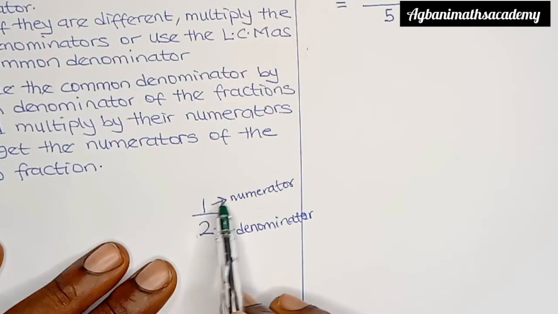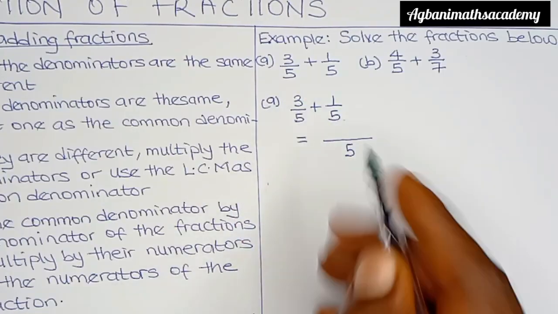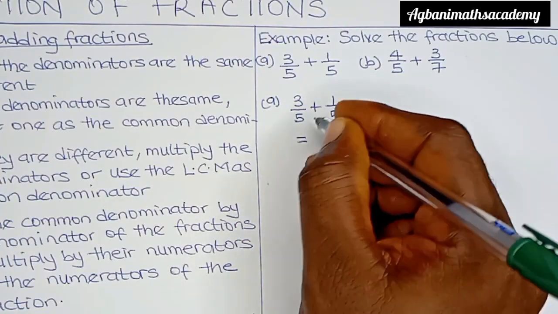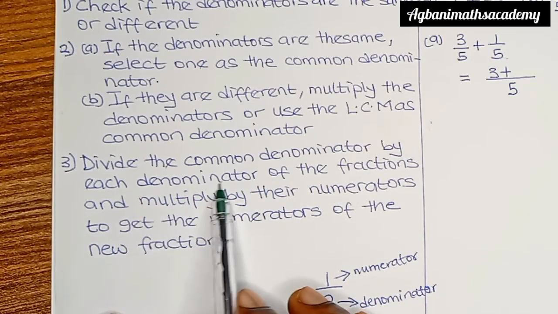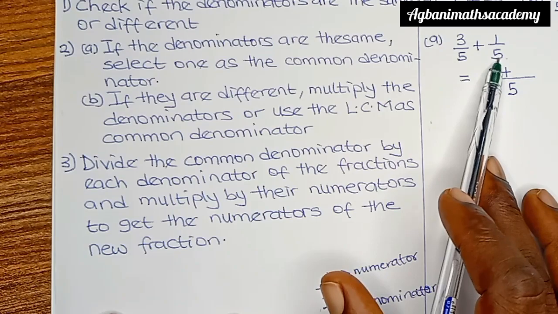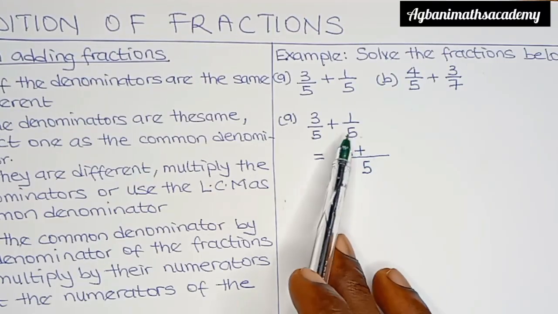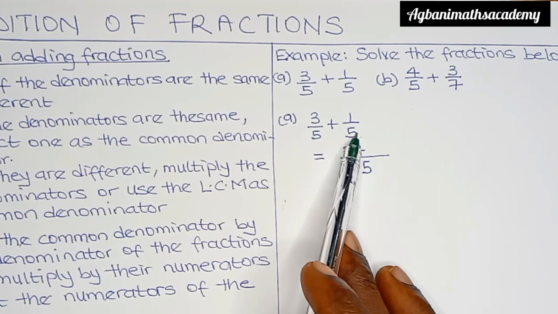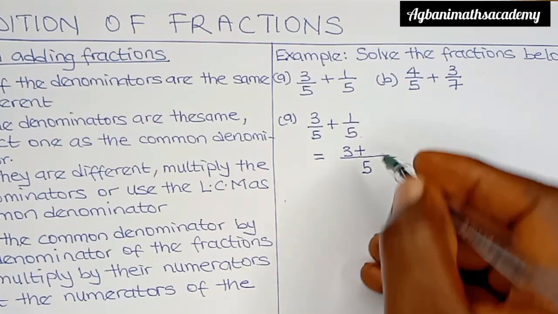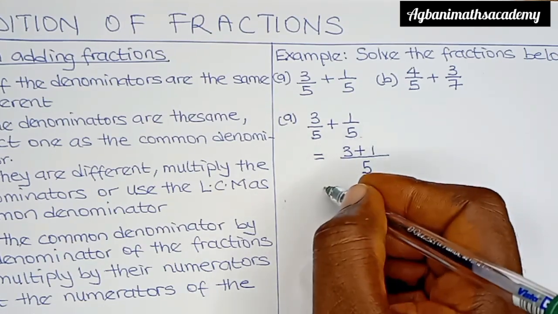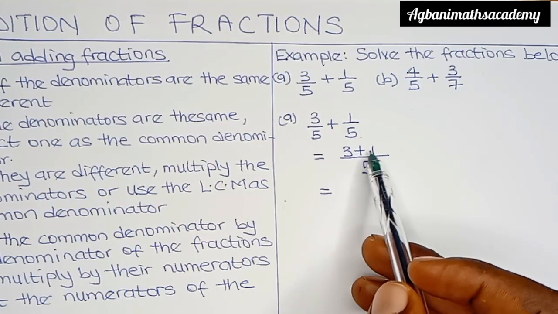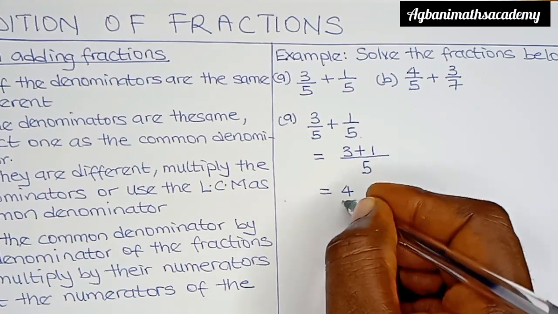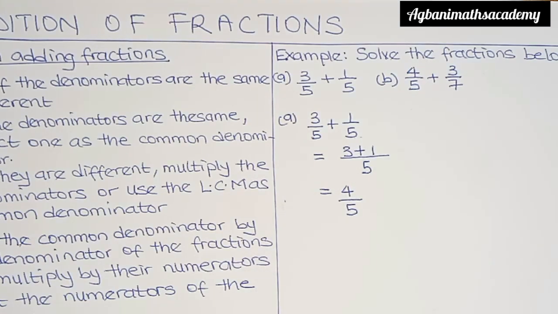The numerator is the number above, so 1 multiplied by 3 is going to give us 3. We bring the plus sign down. Remember, we are doing for each denominator. So we've done for this denominator, now we have to do for this denominator. 5 divided by 5 is going to give us 1. 1 multiplied by 1 is going to give us 1. So what will our answer be? We are going to add the numerators. 3 plus 1 is going to give us 4 all over 5. So our answer is 4 all over 5.